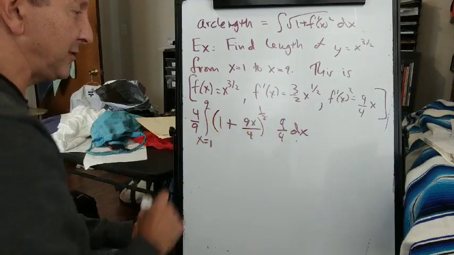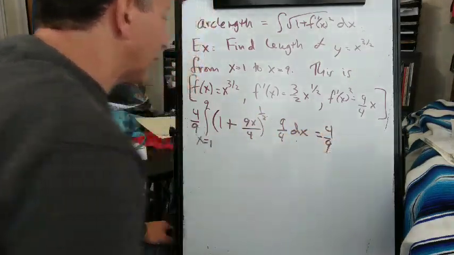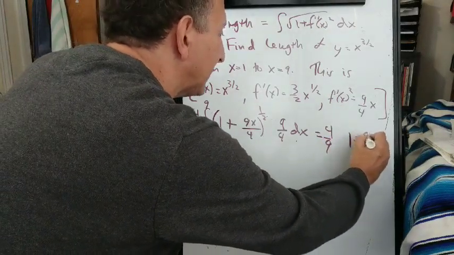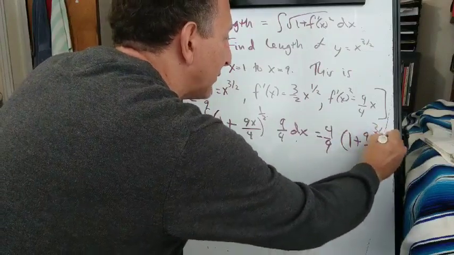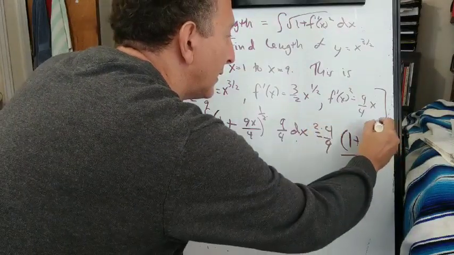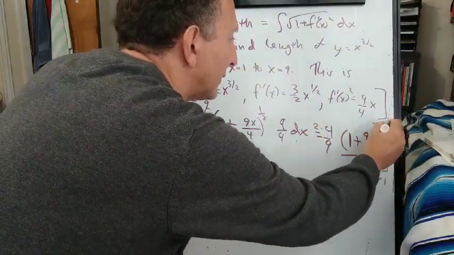So foo to the 1/2 d foo has integral foo to the 3/2 divided by 3/2, so 1 plus 9x over 4 to the 3/2 divided by 3/2. And then we want to integrate this from 1 to 9.